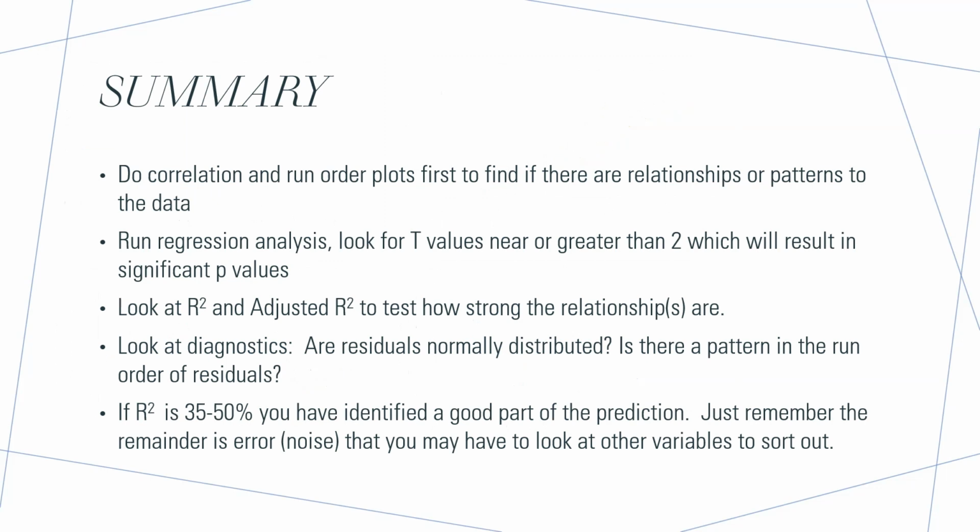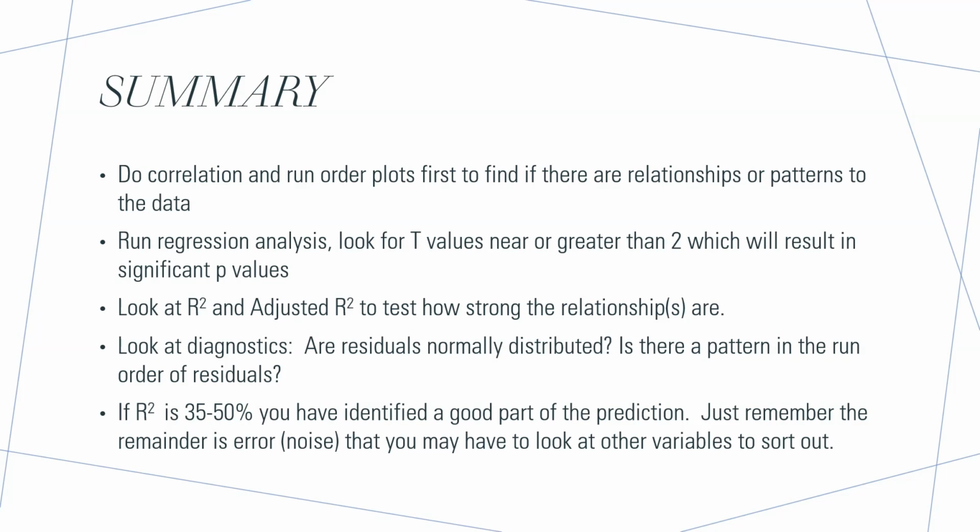So in summary, you're going to do a regression study. First of all, make sure you have good data. Do a correlation and run order plots to find out if there are any relationships or patterns in the data. Run your regression analysis, whatever software you use. Look for t-values near or greater than 2. That'll result in significant p-values.